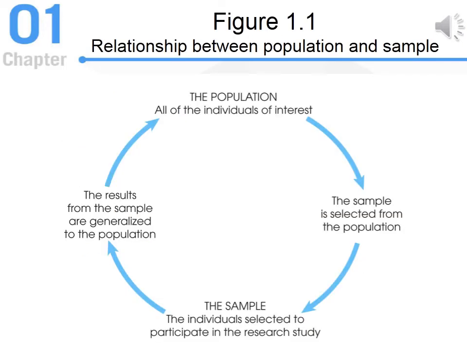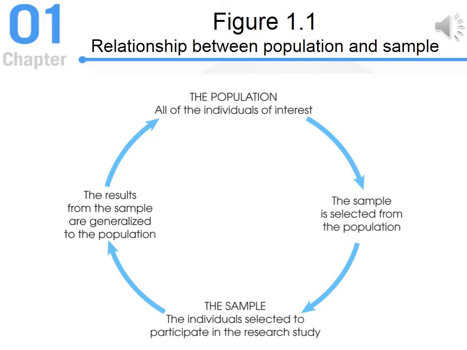So here's a graphic depicting what we've just talked about on the last slide. We begin with a population, in this case, all the women on Earth, which we obviously can't study, so we select a sample or a subset from that population, which in this case is 200 women from Northwest Arkansas.